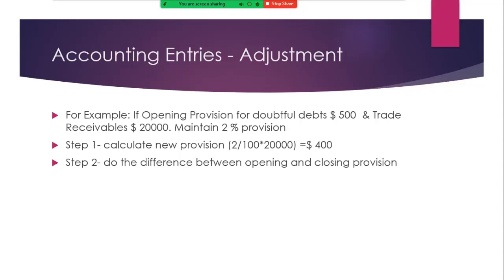The opening is $500 and the new provision is 400, so it has decreased. 500 comes down to 400, a decrease of $100.